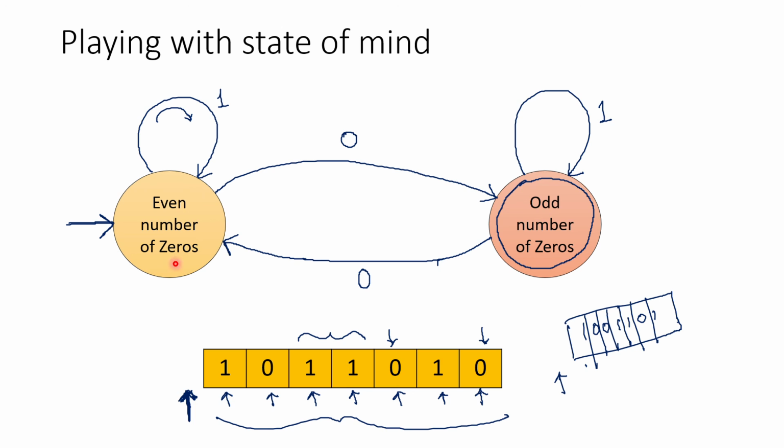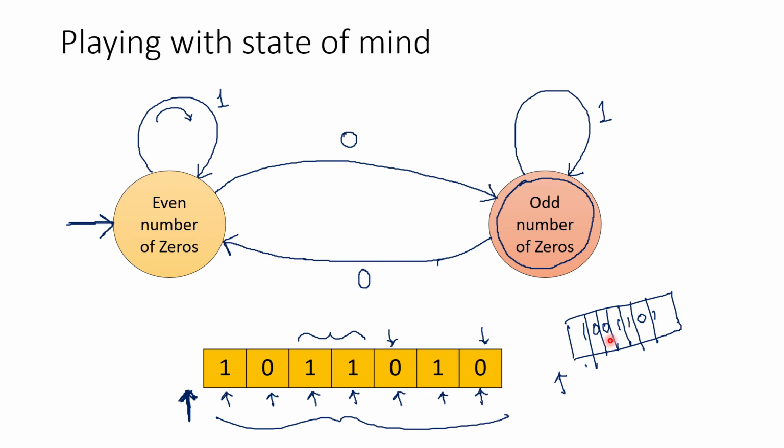On reading this first 1, your state is not changing because you have not visited any zeros. But on visiting the second character, 0, your state of mind will change from even to odd. On reading this second 0, your state will again change from odd to even.